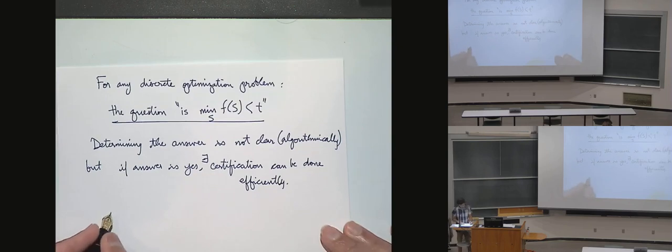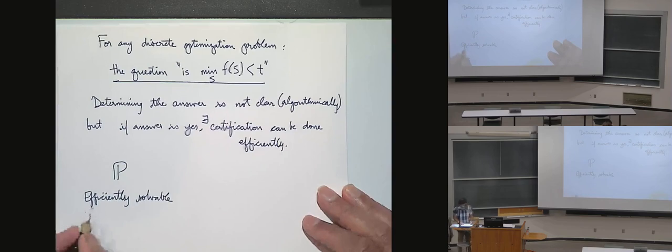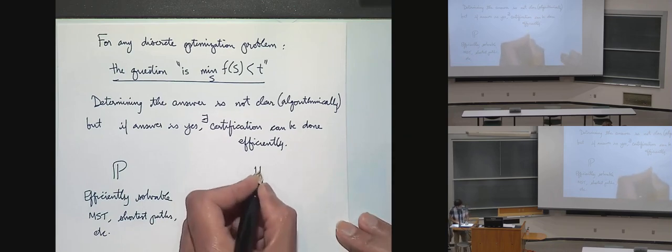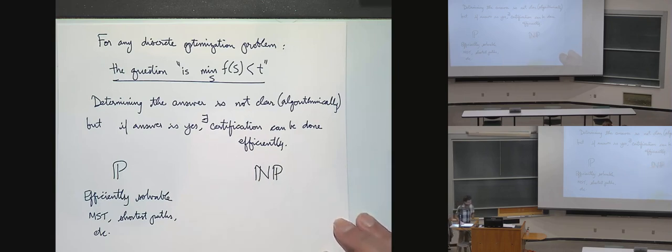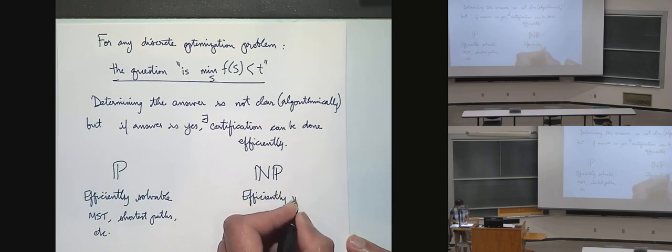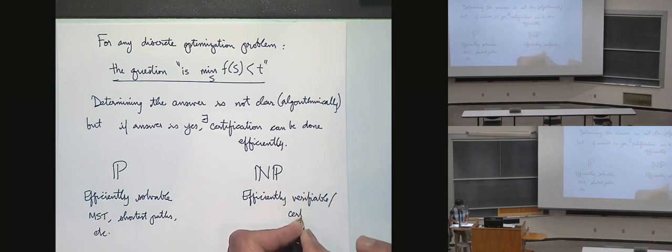So, what is P? P means efficiently solvable, which are all the problems that we saw. We saw like MST, shortest paths, etc. NP is efficiently verifiable or certifiable.